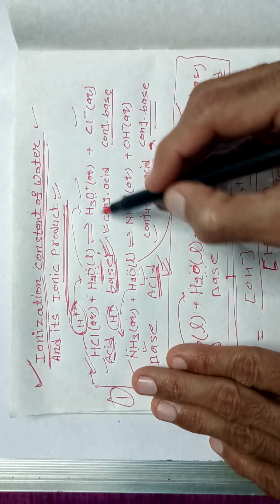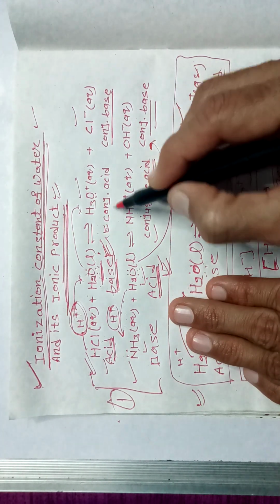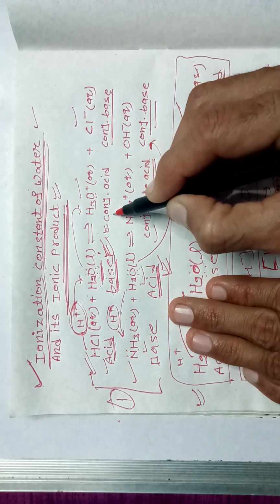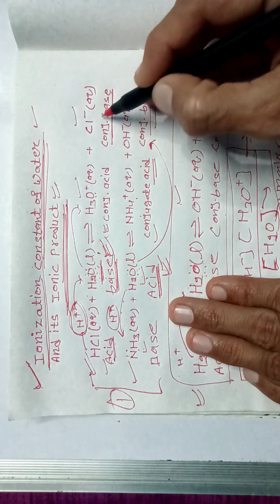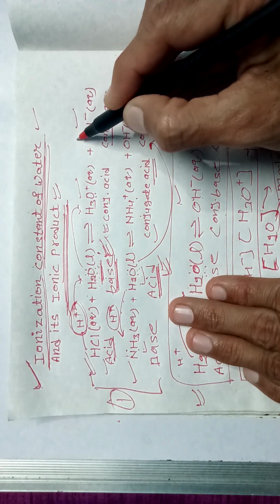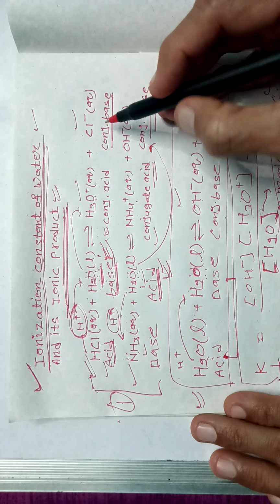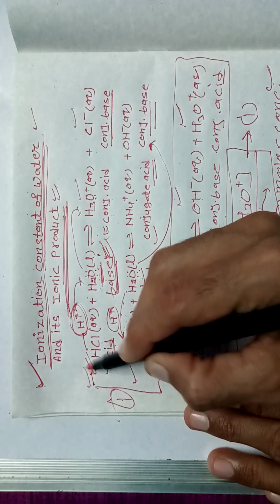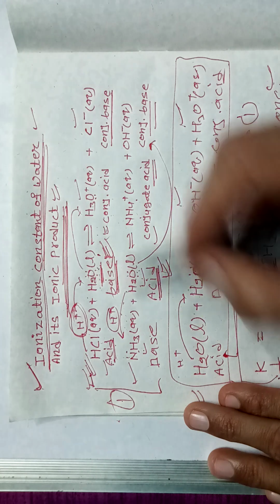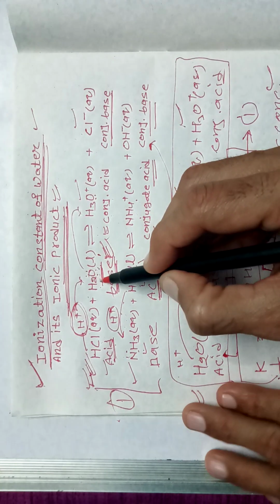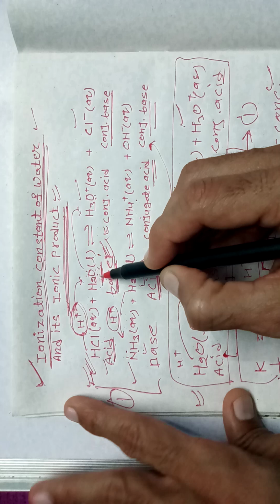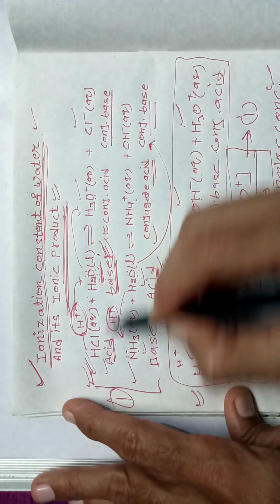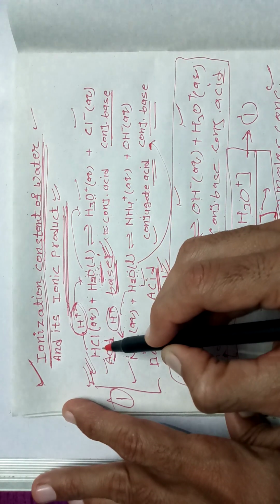because hydronium ion can release H plus, so it will be conjugate acid, and this chloride ion, because it can accept H plus, will be conjugate base. Now in the first case, we can see that H2O accepts H plus when it is in contact with a strong acid.